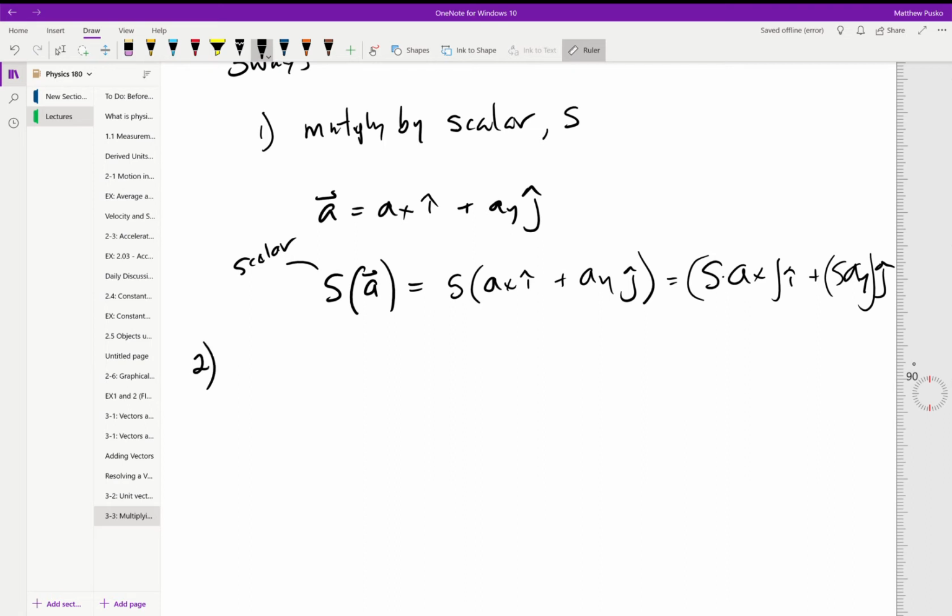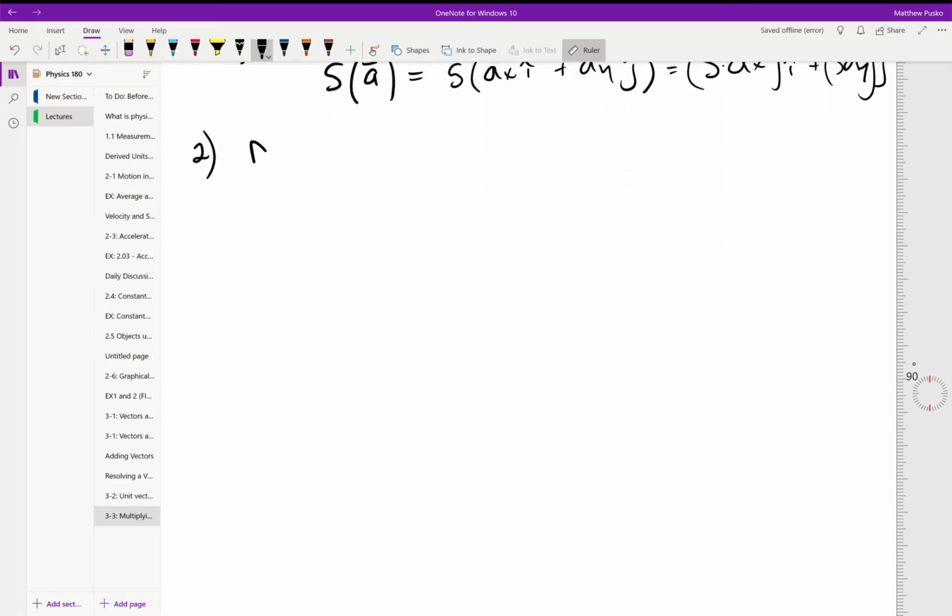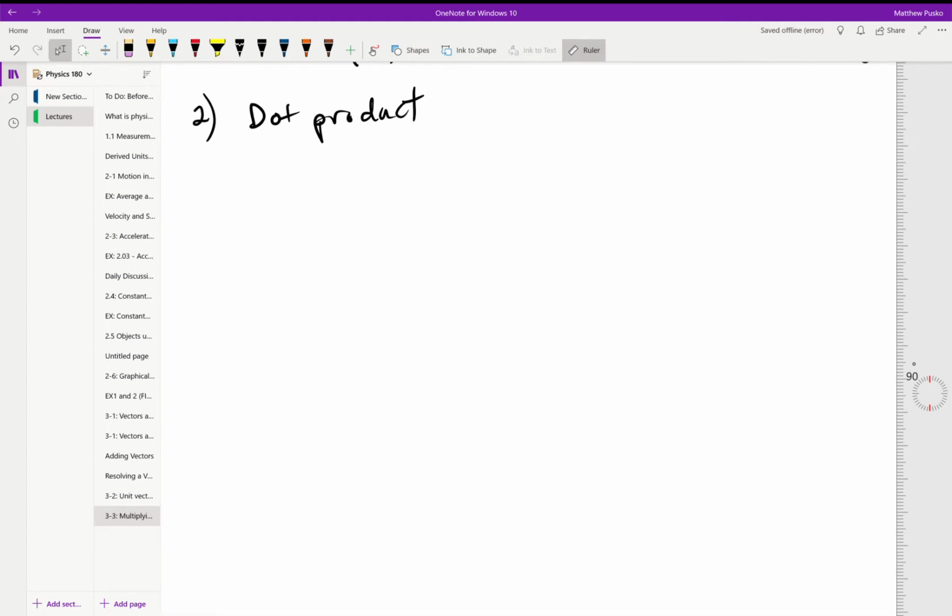The second one we're going to cover in this video, the third I'll cover in its own, is called the dot product. Alright, so to explain this one, let me go ahead and say we have some vector a like this, and maybe some vector b like this. I would say we need to find the dot product of a and b, or say a dot b.